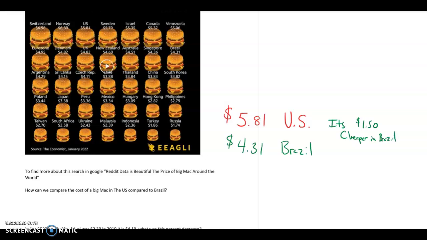We could also say it's $1.50 more expensive in the US. So that's one way to think about it, is for us to find the difference between the two and give it in terms of a value.